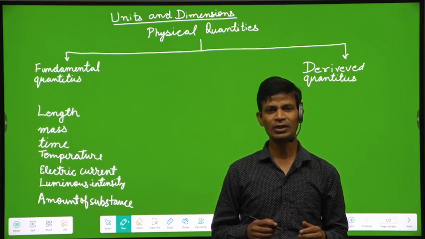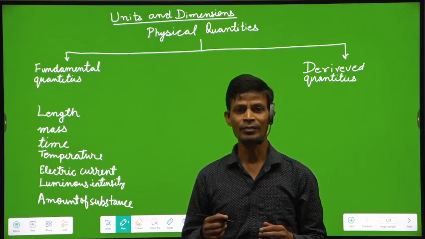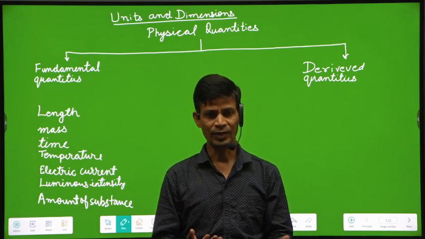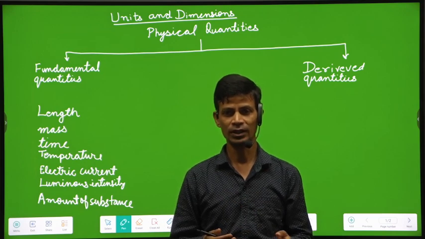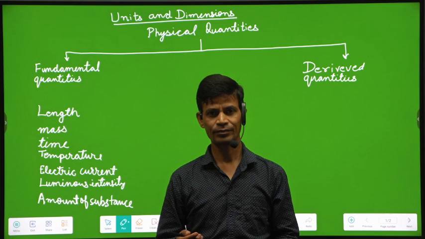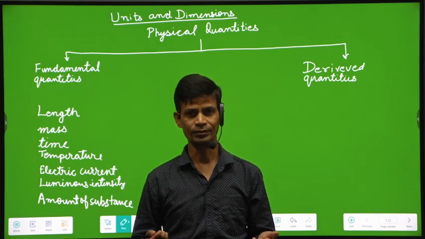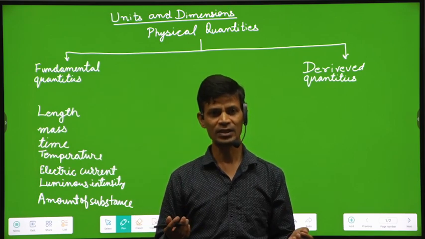So a physical quantity is a quantitative, a measurable thing by which we can correlate with certain other things, and in order to explain the physical phenomena or any other events that are taking place around us.